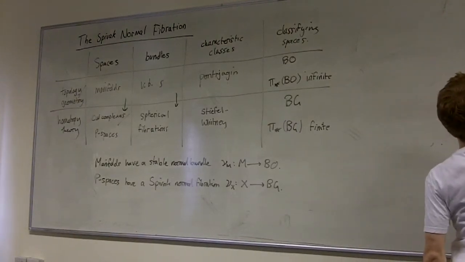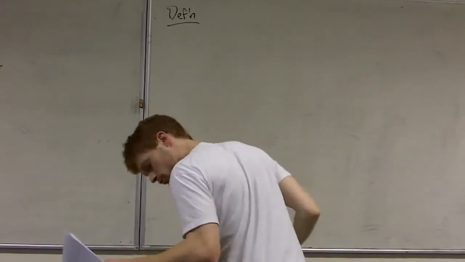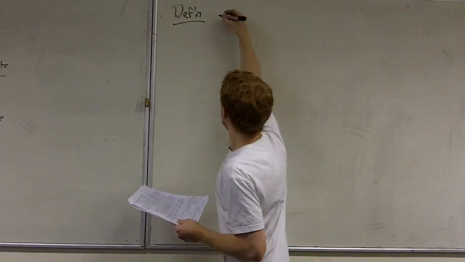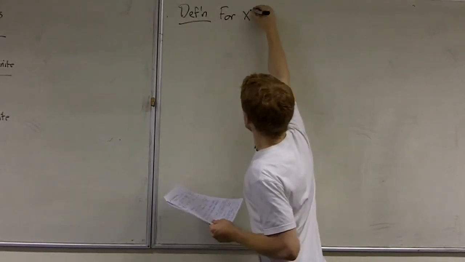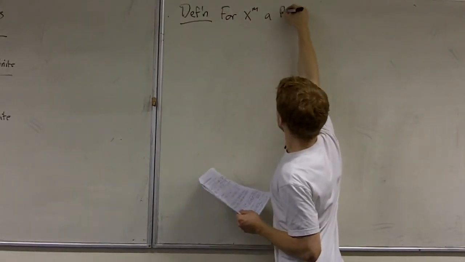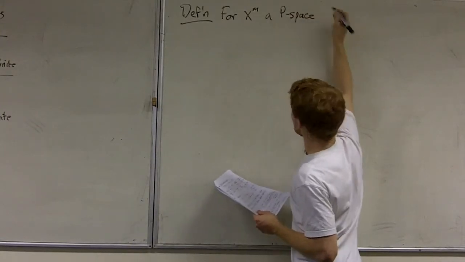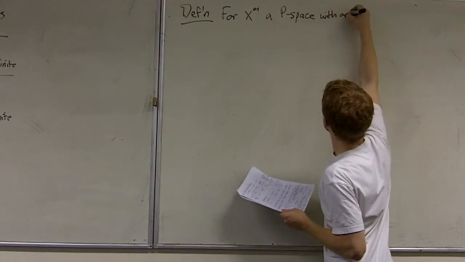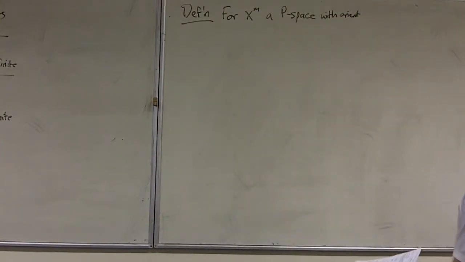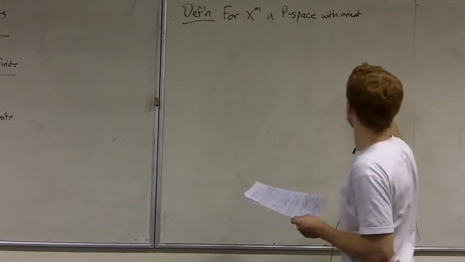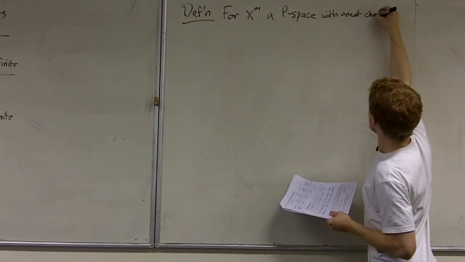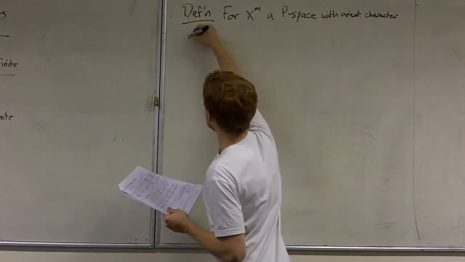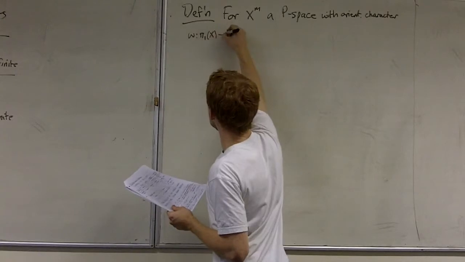Okay, so definition. So let's say for X, a P space, with orientation character, so let's say I want X to the 2.